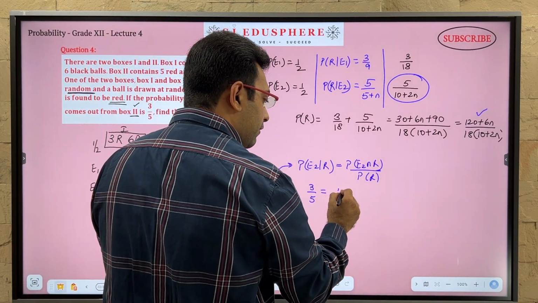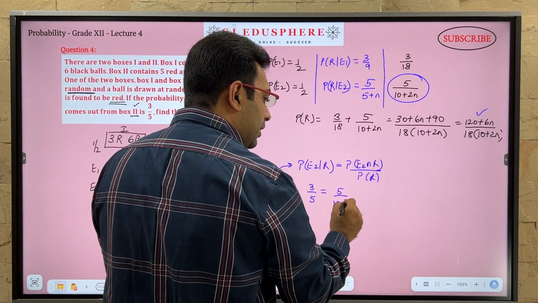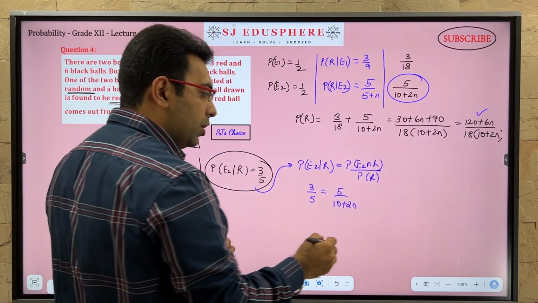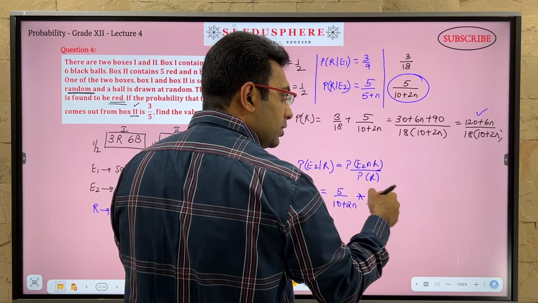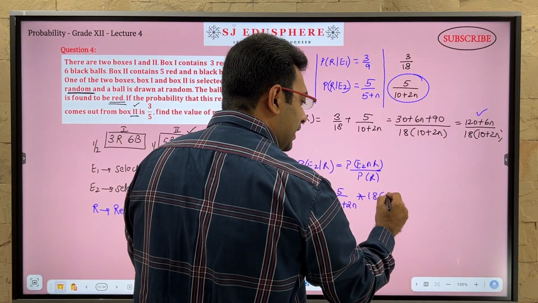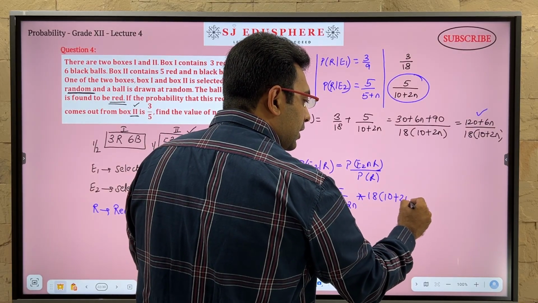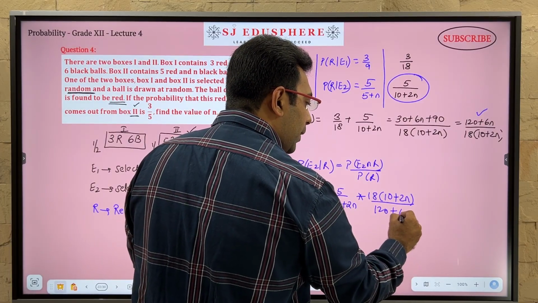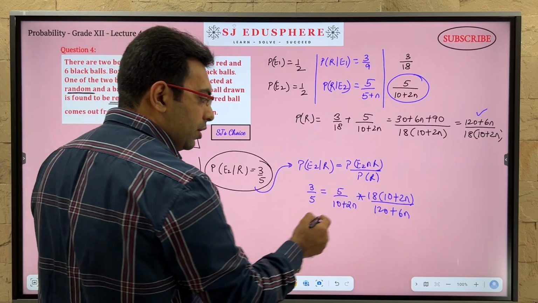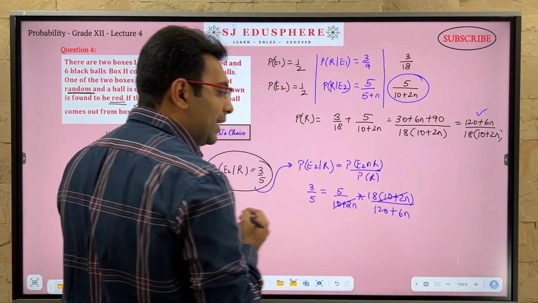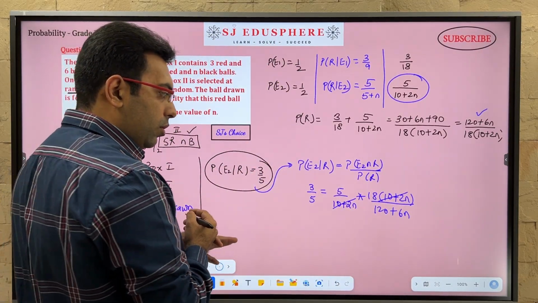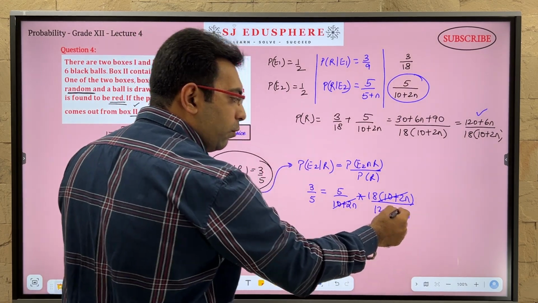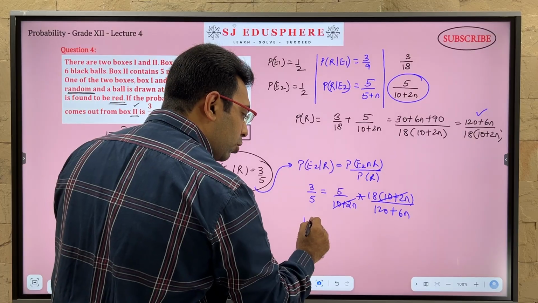That is 5 upon 10 plus 2n divided by this number, which is into the reciprocal, that is 18 times 10 plus 2n upon 120 plus 6n. So this 10 plus 2n gets cancelled. Now I have to get this value of 120 plus 6n.